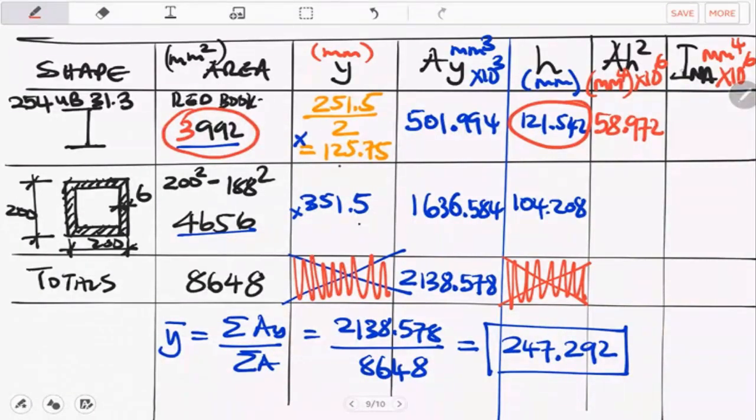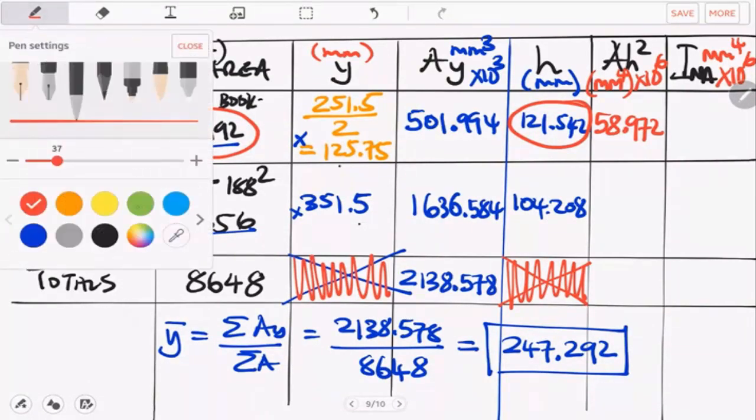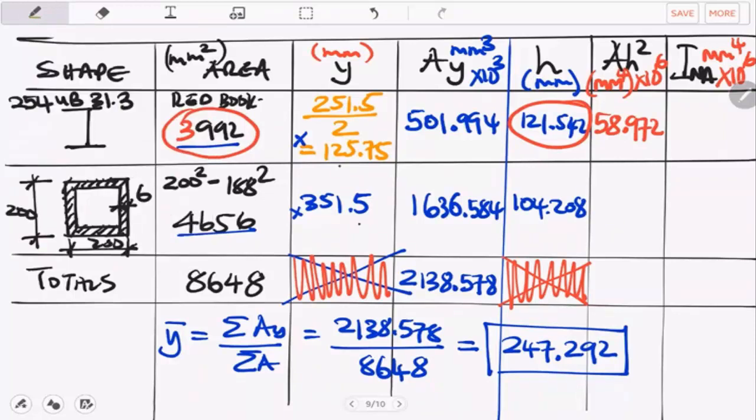Yes, sir. Okay. The next person, give us the value of 104.208 squared multiplied by 4656. It's 50.561. Yes.